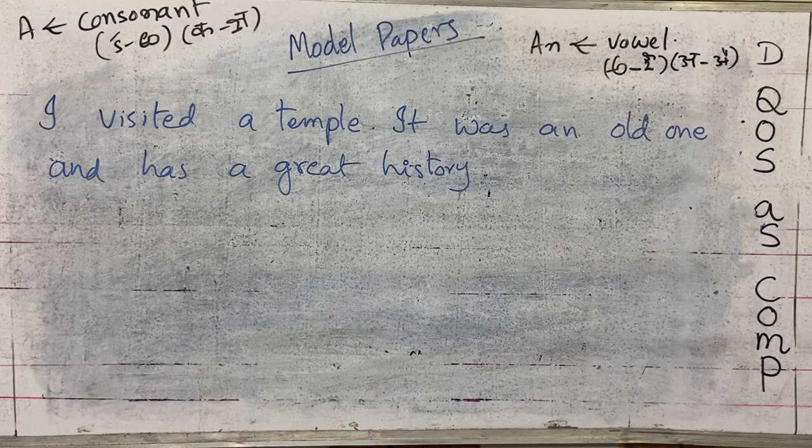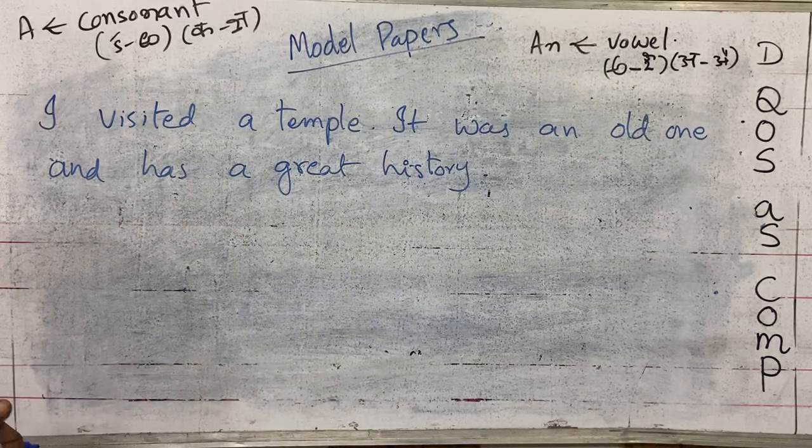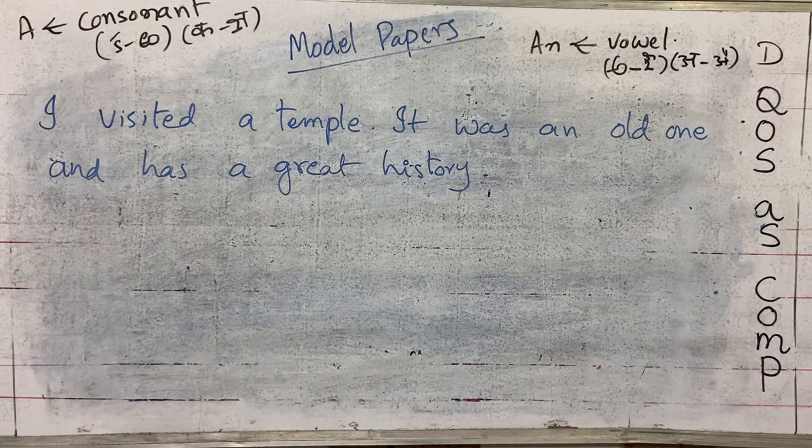It's old but has a great history. So, temple, how is the temple? Old temple. How is it still described? With a great history. So you can take the answer: a great historical old temple.